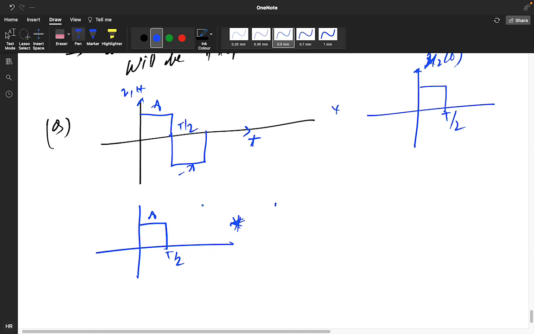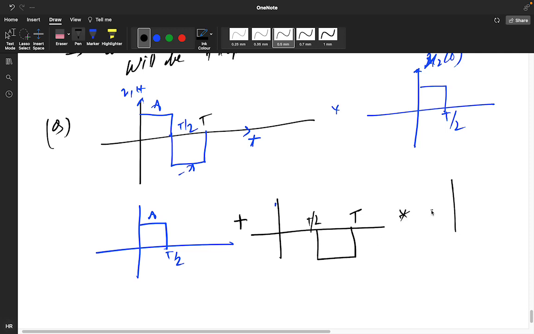You are breaking this in two parts, like this, plus this, t by 2, this is t, and it's getting convoluted with this particular x2 of t.